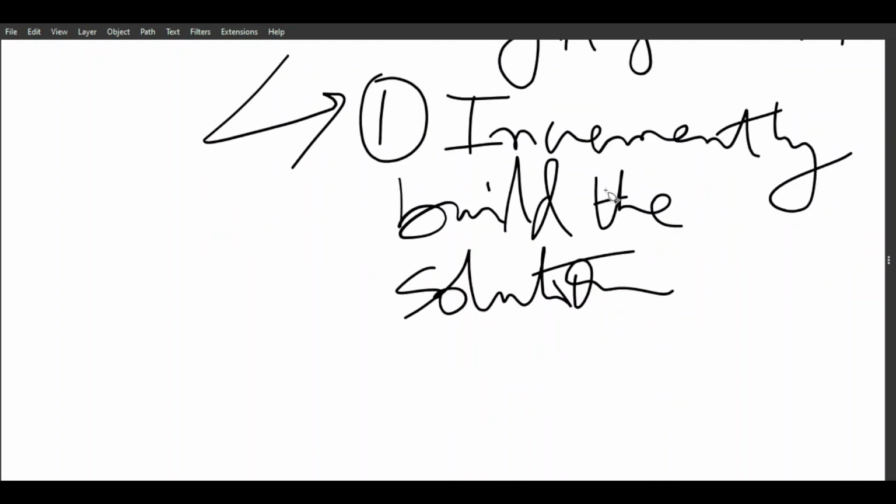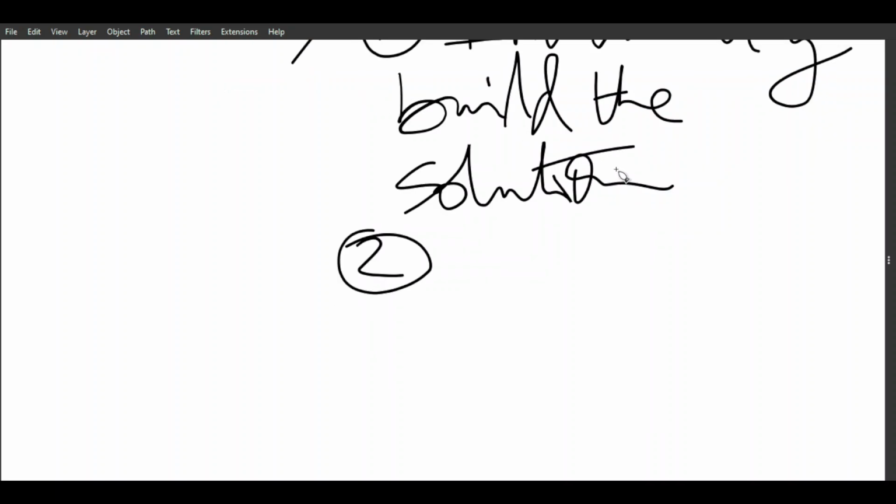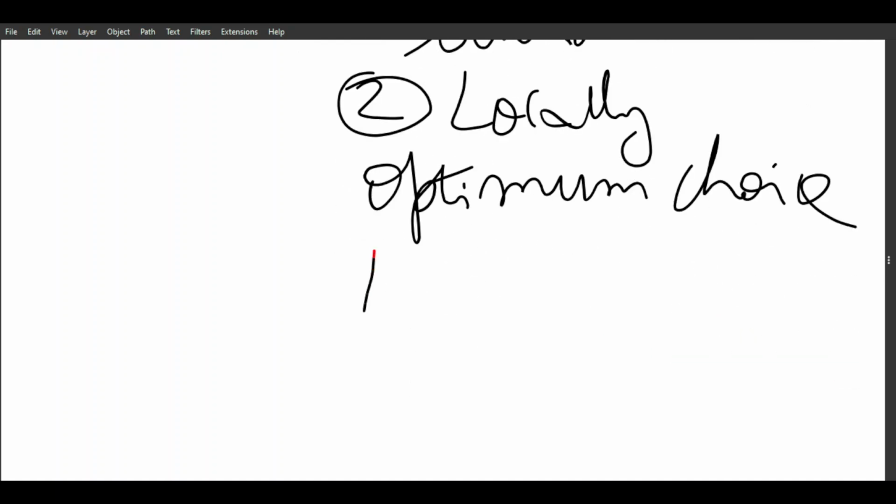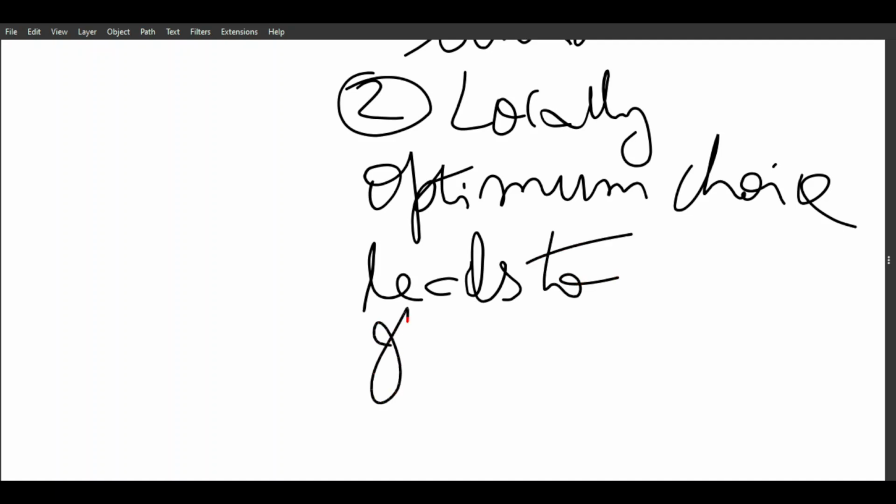Second thing is locally optimum choice leads to globally optimal solution.